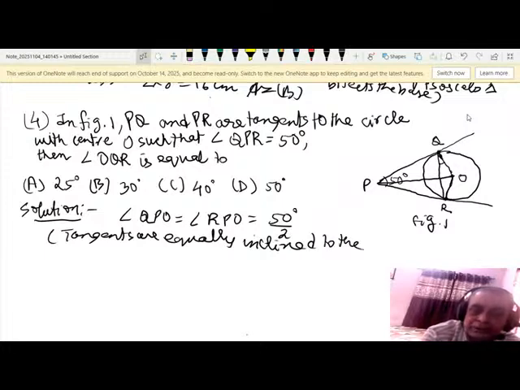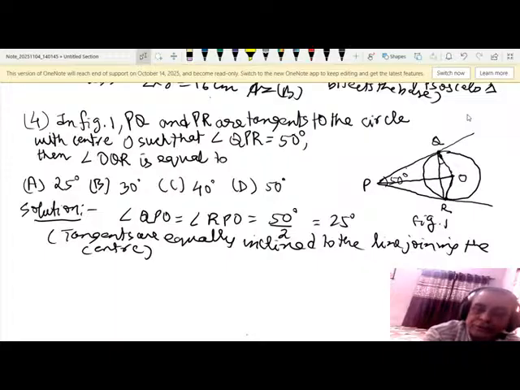So both of these angles are 25 degrees each. So this is 25 and this is also 25.